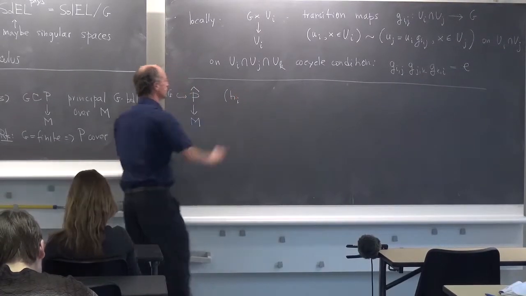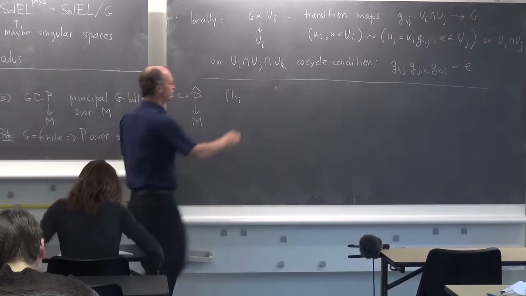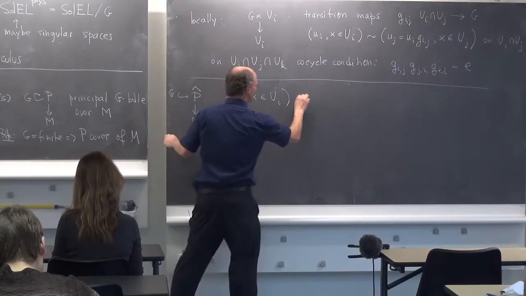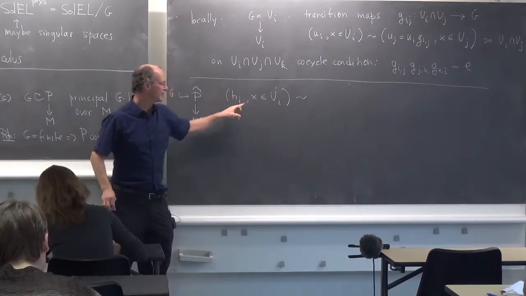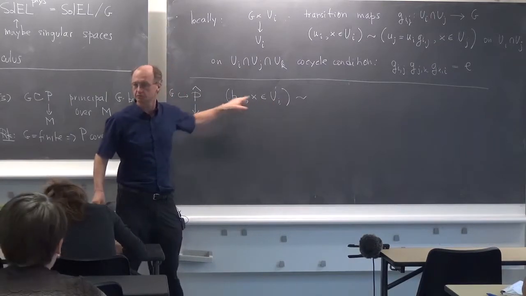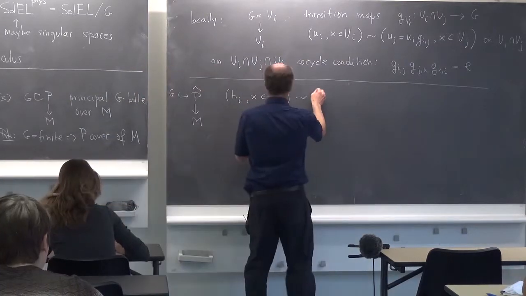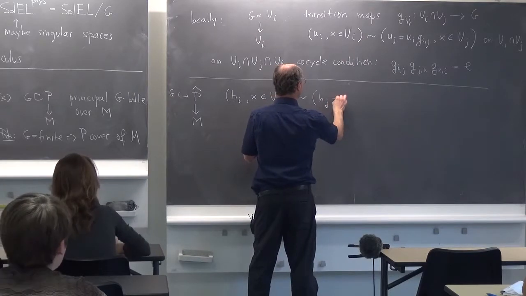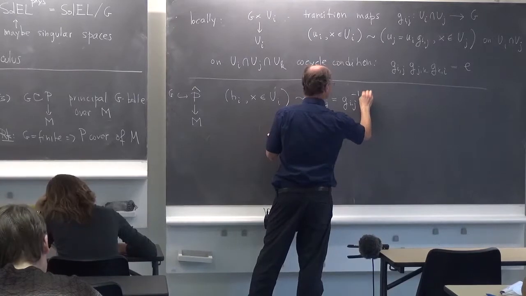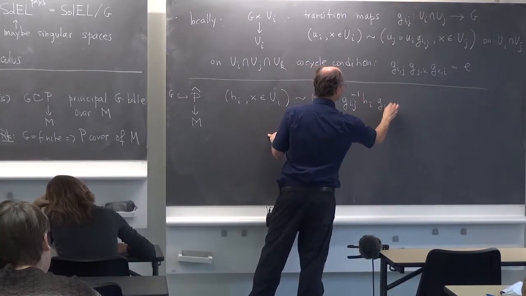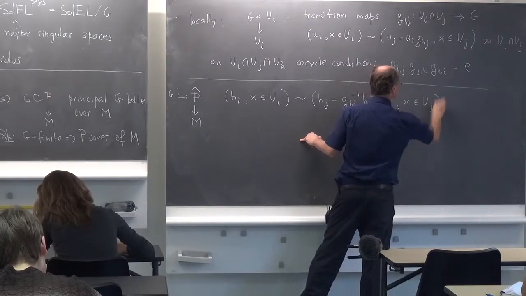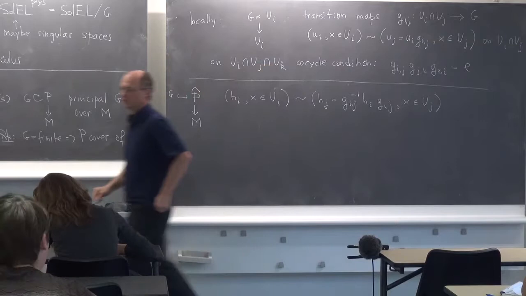Let me denote now the coordinates by h, just to make a distinction. So suppose I have a point on the overlap of two charts, I should say where I would glue this point. And I would like to glue it to h_j equal to g_ij^{-1} h_i g_ij, x on U_j.